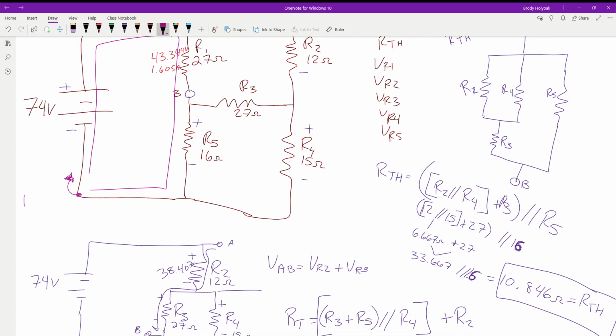VR5 will be solved as follows. So we're going to hit a negative 74 plus a 43.344 plus the VR5 has to equal 0.